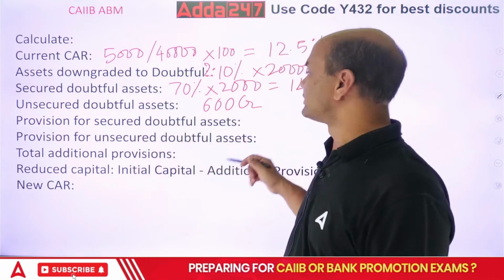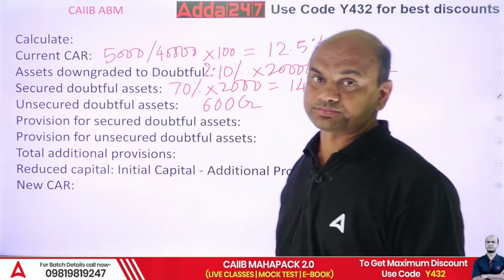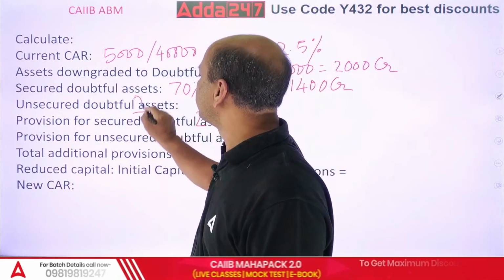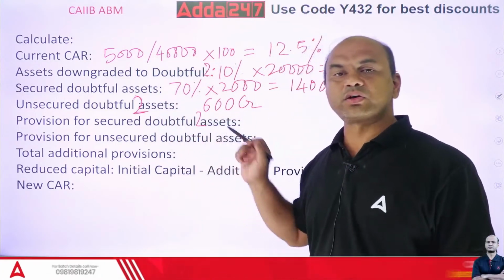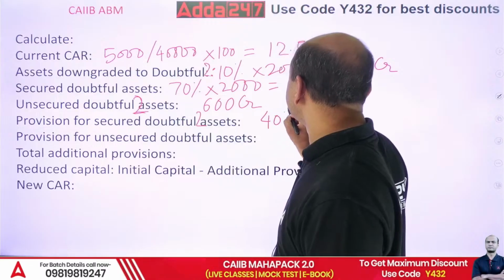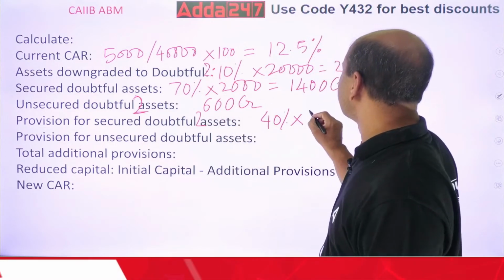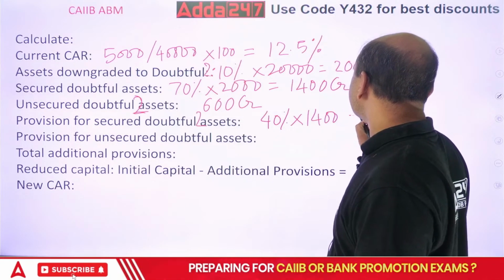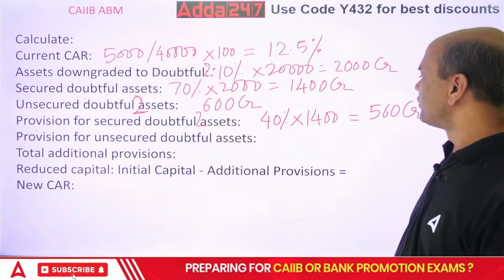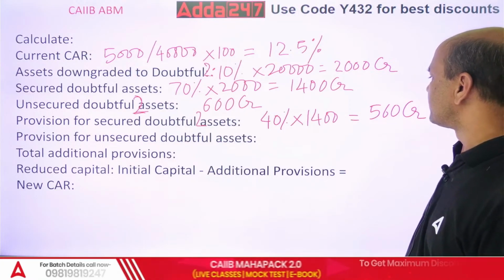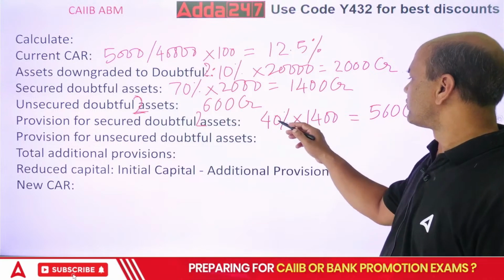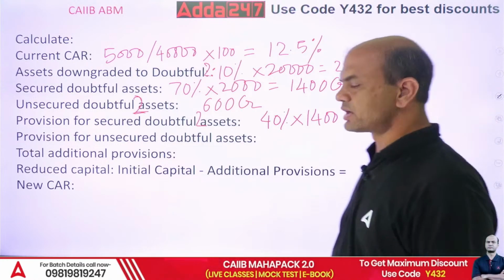Provision for secured doubtful assets. We are in the D2 category; doubtful means D2 everywhere. So the provision for secured D2 is 40% of the assets. 40% into the secured part, 1,400, equals 14 fours are 56, so 560 crore.